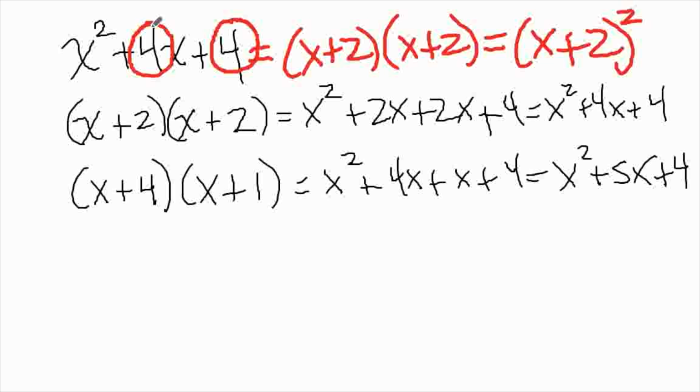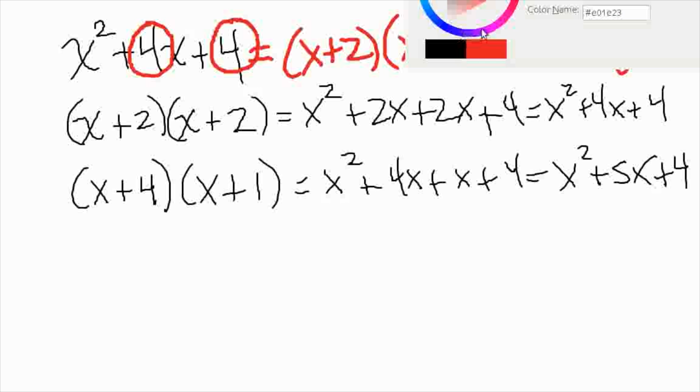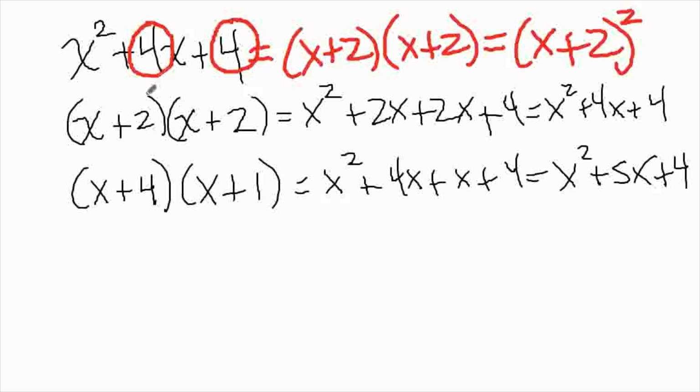Okay, so the middle coefficient, I mean. So the middle coefficient was 4, half of that's 2, 2 squared is 4. Okay? If you understood that, you should be able to generate other quadratics that'll have perfect squares, that the two pieces will be the same when you factor it.